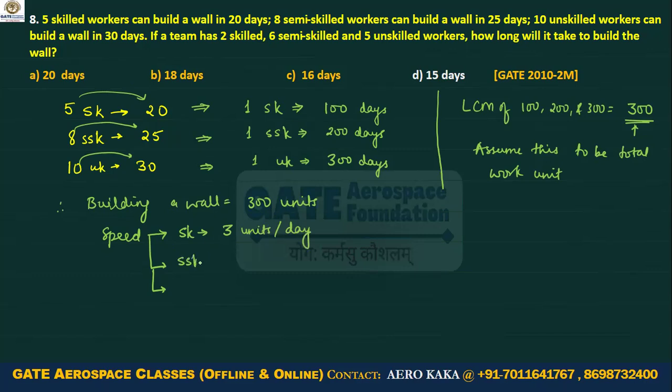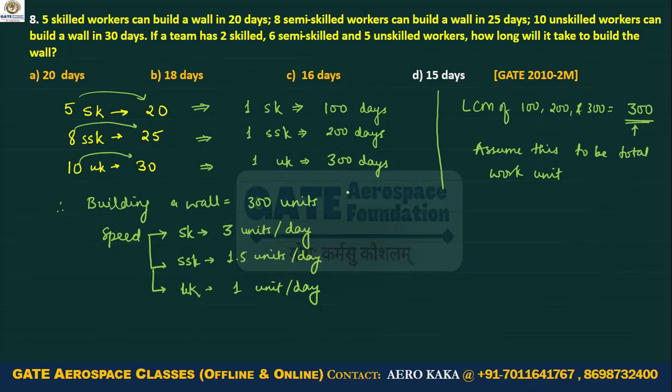Similarly, for semi-skilled workers, it is going to be 300 by 200, that is 1.5 units per day. And for one unskilled worker, it is going to be 1 unit per day. So you can see the proportion. The skilled worker will have a higher speed, the semi-skilled worker a lower speed, and the unskilled worker the lowest speed.